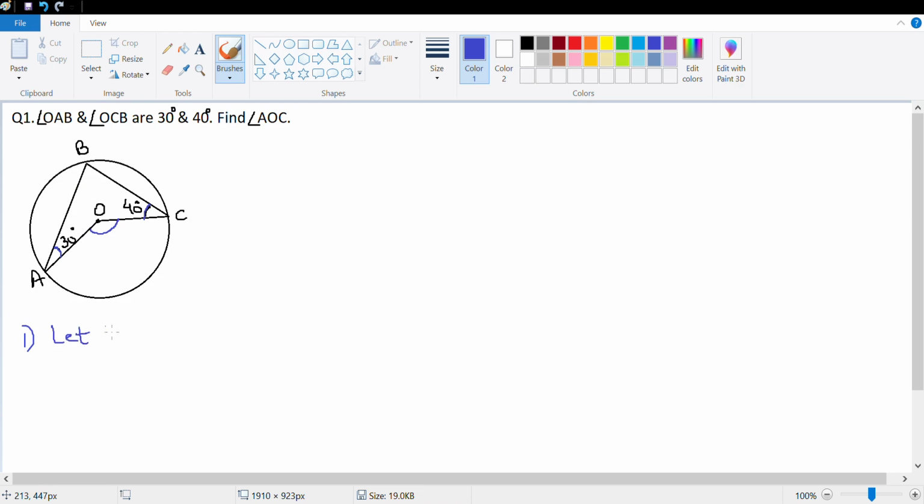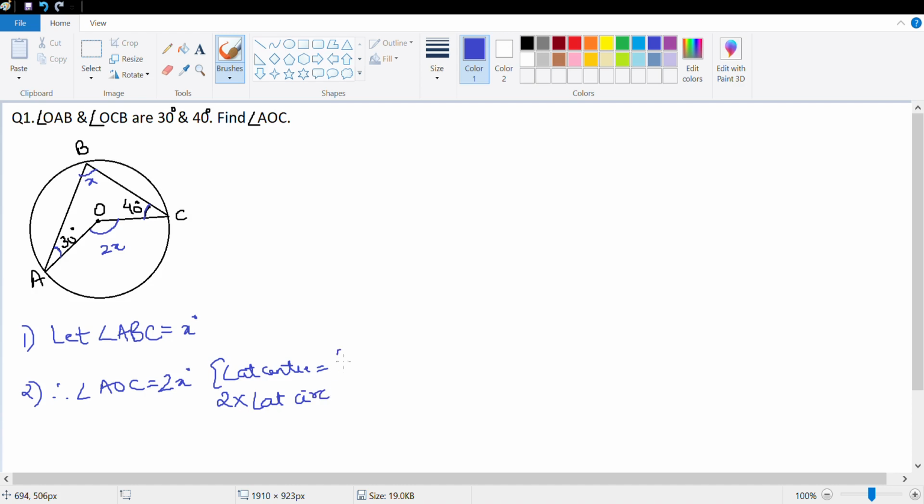Let angle ABC be equal to x degrees. So if this is x degrees, how much would AOC be? It will be 2x, which means therefore angle AOC is equal to 2x. Reason: angle at center is equal to 2 times angle at circumference. I repeat, you will not be writing this in your exam because you will not get marks.